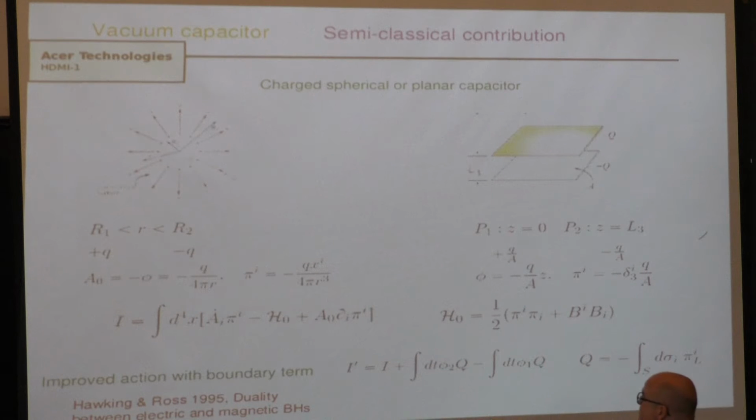So either you can do this spherically symmetric problem, or you can do the analog planar problem, where you take two perfectly conducting planes of charge plus q and minus q, separated by a distance L3. And then, of course, the potential is linear in z, and the longitudinal electric field is constant. So this is my background solution.